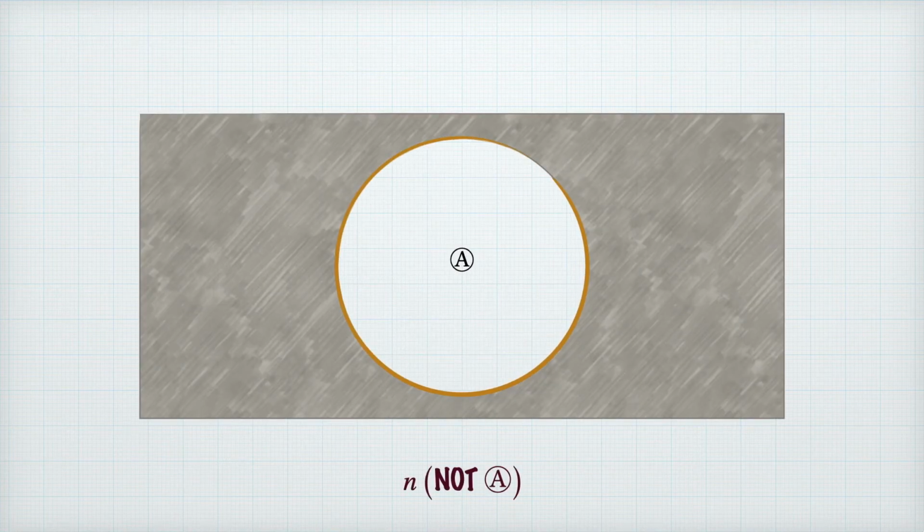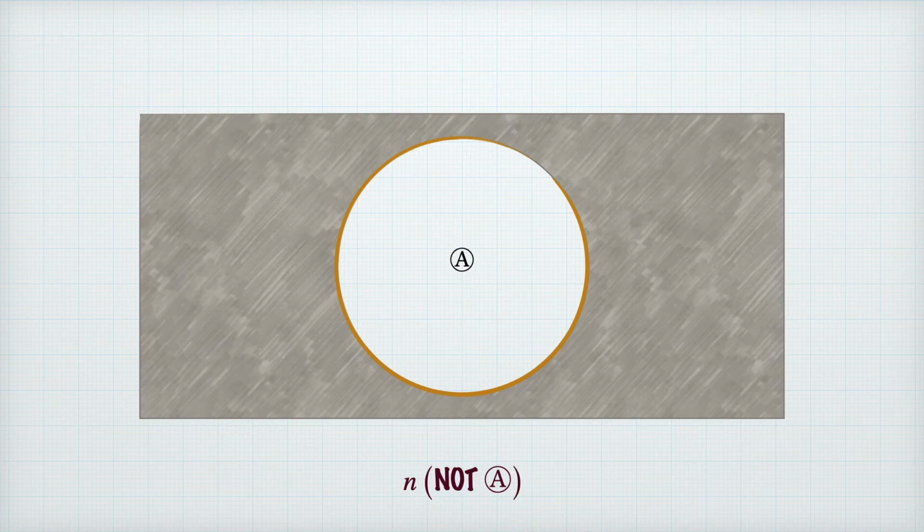Okay, now let's consider n of not A. It's actually fairly easy to understand what n of not A might look like, and you can think about this in terms of any everyday example. Let's say I have five pencils, and one of them, and only one of them, is red in color.